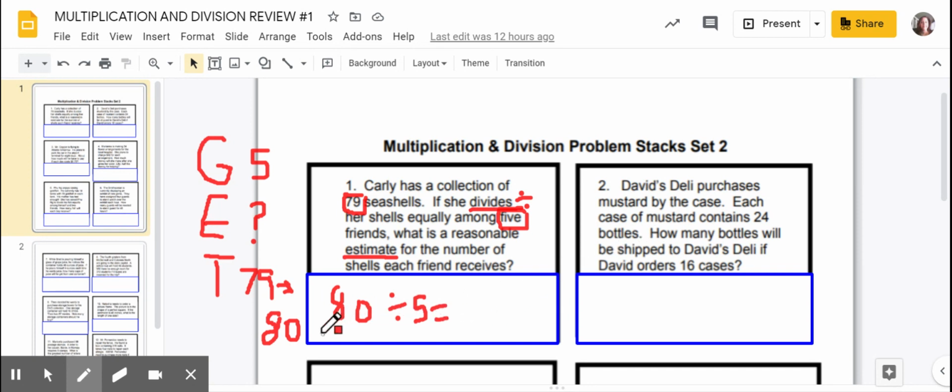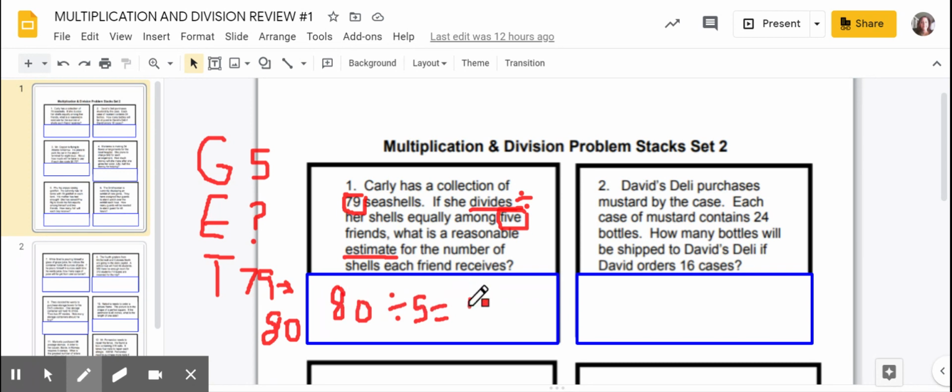You can do the division in several different ways. You can count by 5s until you get to 80. You can do your easy breezy facts, or you can just do our standard algorithm of 80 divided by 5. How many 5s can we get out of the digit 8?